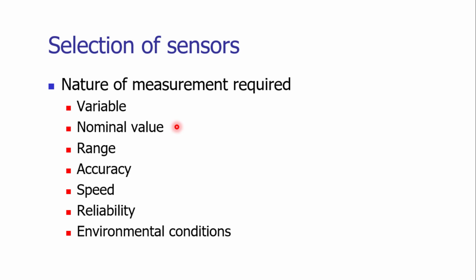What is the value that we are expecting to be measured? Then what could be the range? Then how accurate are the results expected to be? At what speed do we want the signals from a sensor, and how much would the reliability of the sensor be?